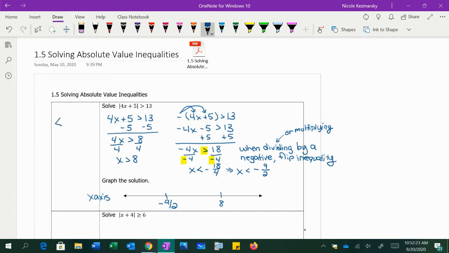If you have less than or greater than, you're going to have an open circle. And if you have a less than or equal to and a greater than or equal to, you're going to have a closed circle on your numbers. So because both of these are a less than and a greater than, I'm going to have open circles.